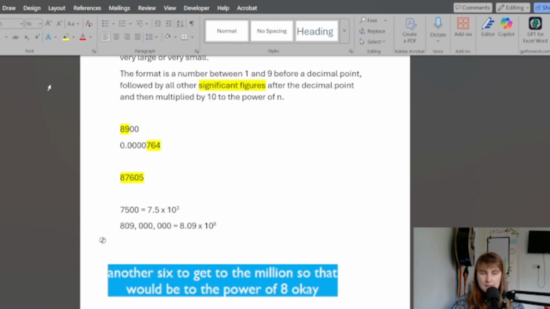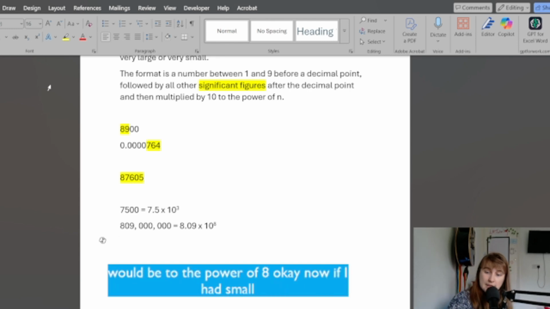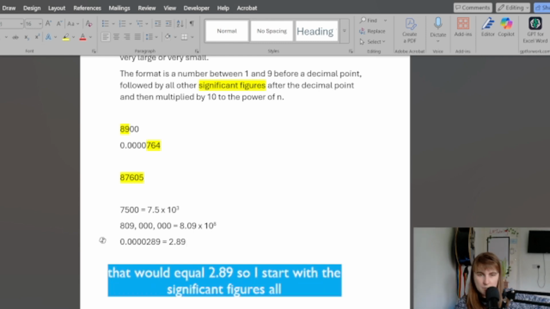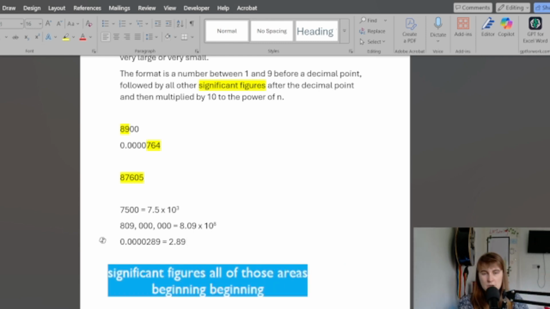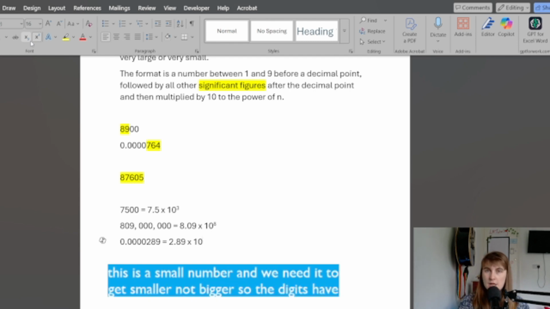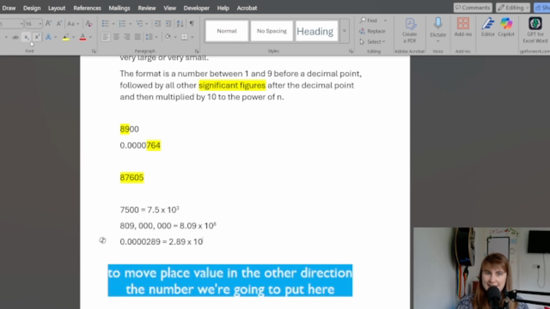Okay. Now if I have small numbers, let's say I have 0.000289, that would equal 2.89. So I start with the significant figures. All of those zeros at the beginning are insignificant. So I start with 2 and I go 2.89. Again, we multiply by 10. But what's important here is that because this is a small number and we need it to get smaller, not bigger, the digits have to move place value in the other direction, so the number we're going to put here is actually negative.